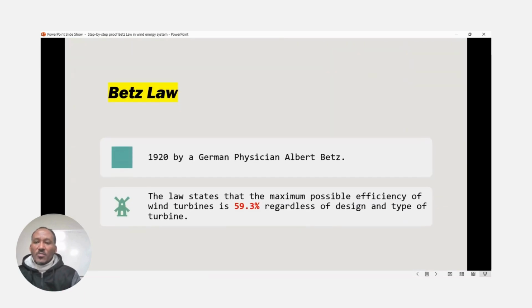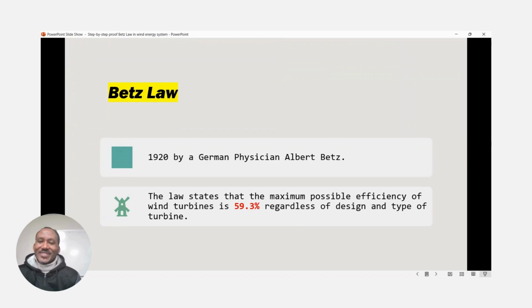So here is my main concept for today, Betz Law. Betz Law was established by a German physicist in 1920, and the law states that the maximum efficiency of a wind turbine in converting kinetic energy to mechanical energy is 59.3%, regardless of wind turbine design, blade design and blade types.